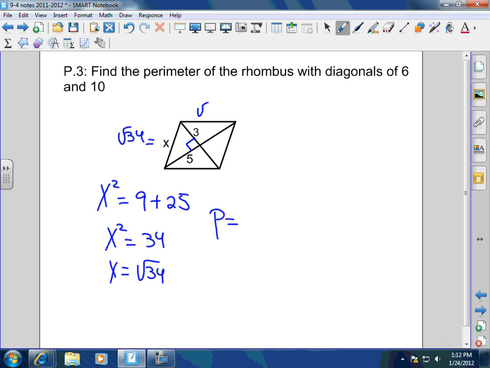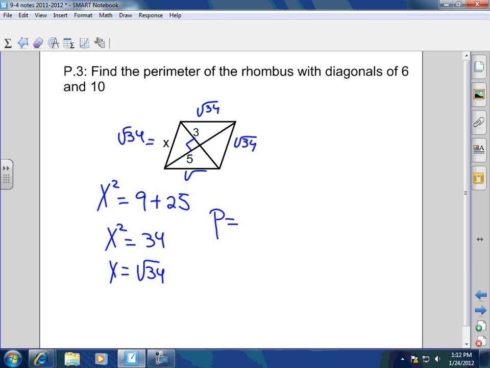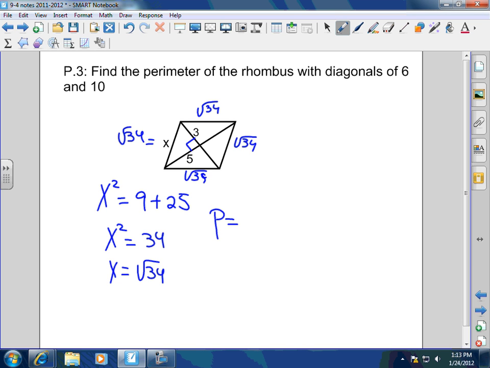Guys, aren't there 4 equal sides in a rhombus? So whoever said 81, no. This is 4 times the square root of 34, not 81 for all of you out there in computer land. Not 81. Are you kidding me?